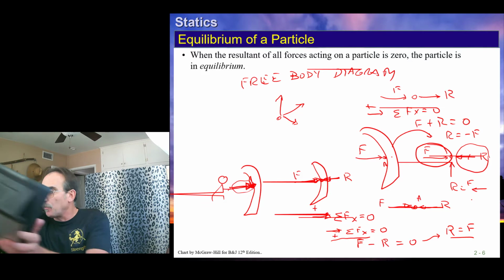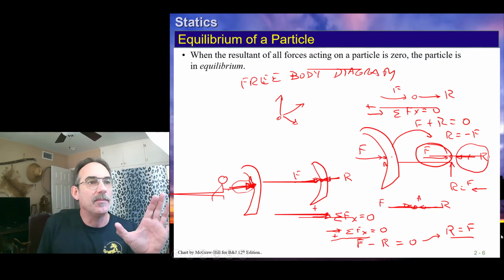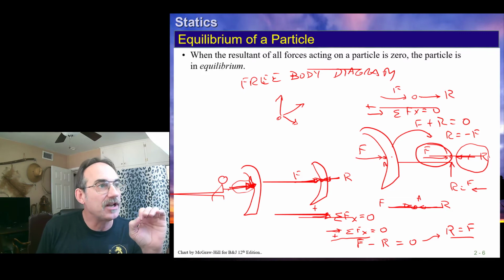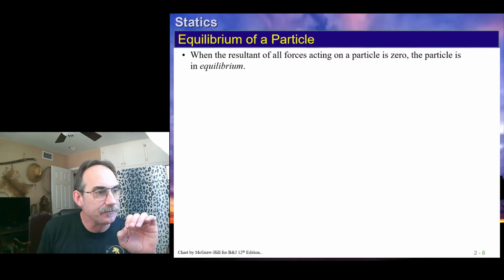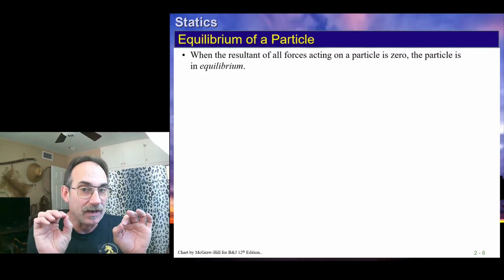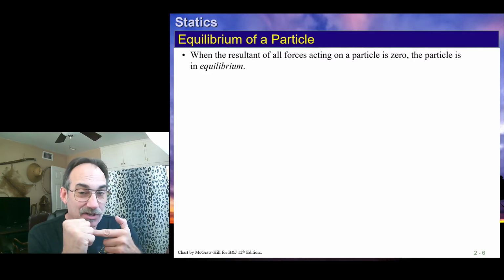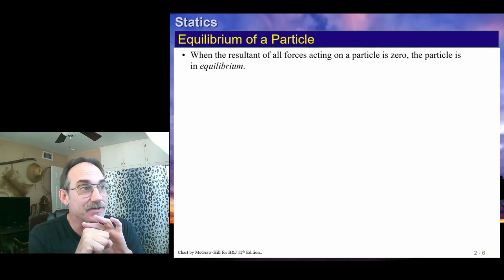So in this particular problem, where we're talking about imposing equilibrium, we're saying when the resultant of all forces is 0, the particle is in equilibrium. What we're saying is we're going to draw a free body diagram of the particle with all the forces, the applied forces, which are the action forces, and the reactive forces.